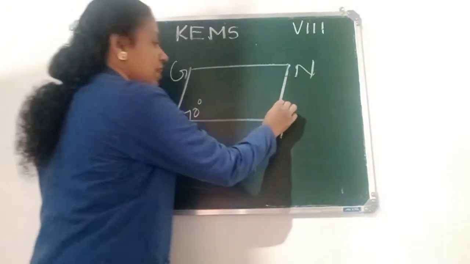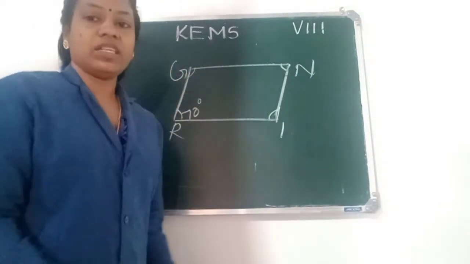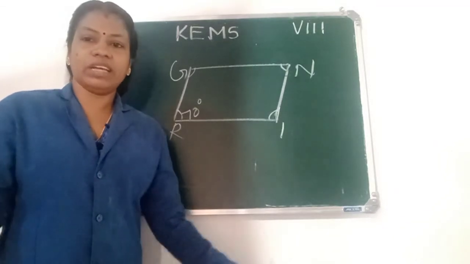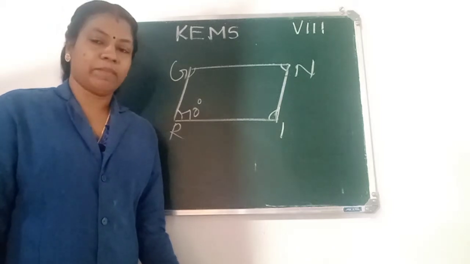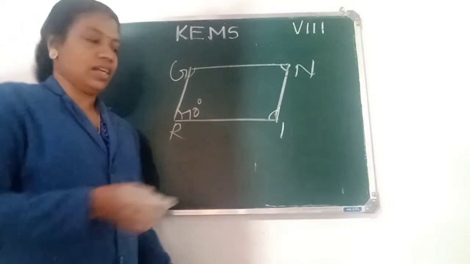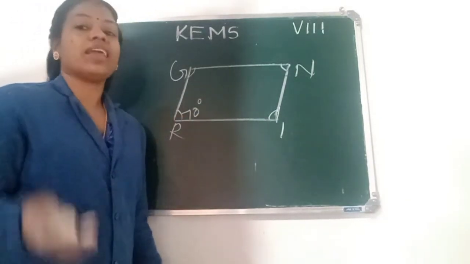So we have to find the remaining 3 angles using the properties of parallelogram. It is very easy. Already we learned the properties of parallelogram. What are they? Yes, opposite sides are equal. Here we need to find the angle. So, in a parallelogram, opposite angles are equal.